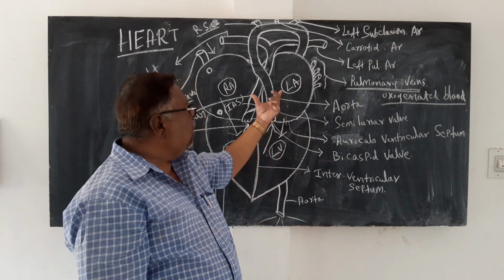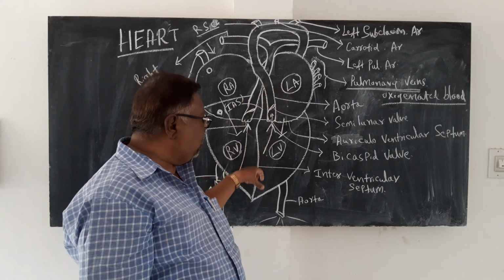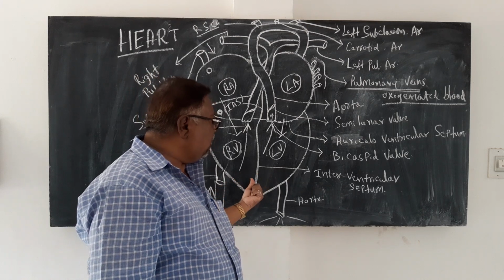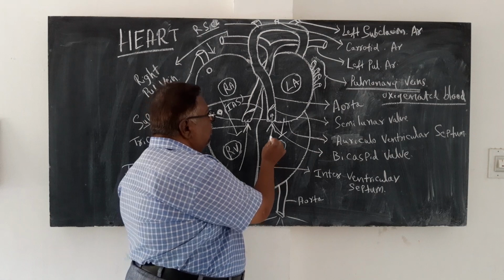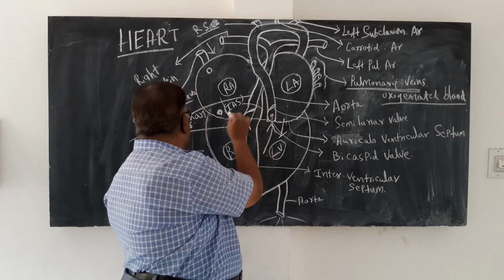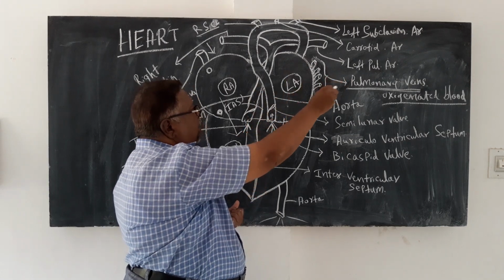When the left and right auricles contract, the blood is poured inside the ventricles, and when the ventricles contract, the oxygenated blood moves into the aorta and the deoxygenated blood moves into the pulmonary trunk for purification.